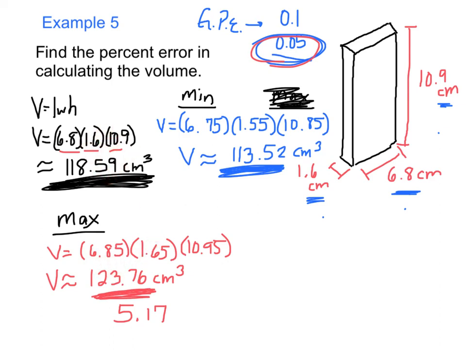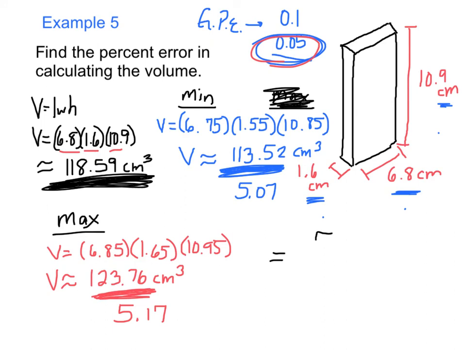Now, if we subtract 118.59 and 113.52, we're going to get 5.07. So this is lower. Which one is the greater possible error? Well, it's your maximum. So your maximum is a greater possible error. So here's how you take that.